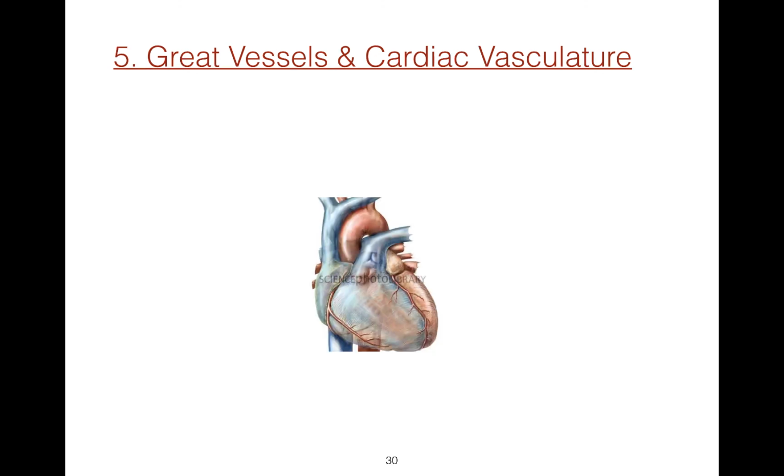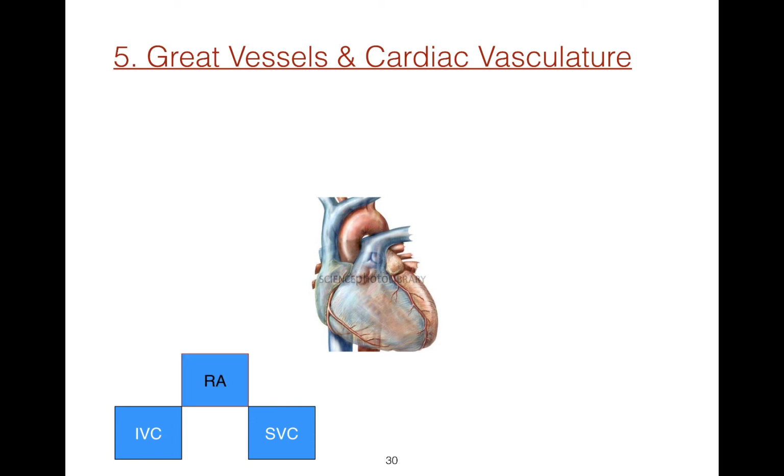Let's briefly look at the vessels and the chambers and the structures that we've looked at so far, as though we were following the passage of blood through them. Blood by the superior and inferior vena cava enters the heart, enters the right atrium.